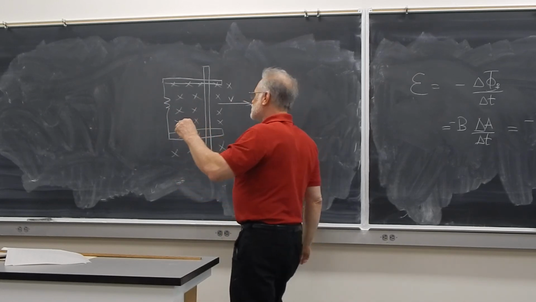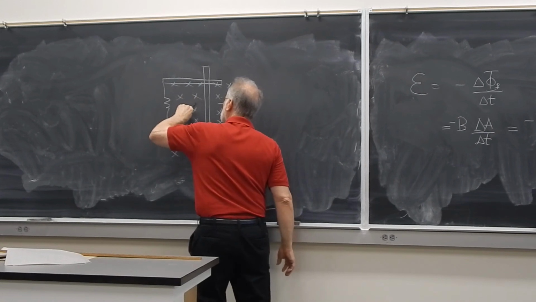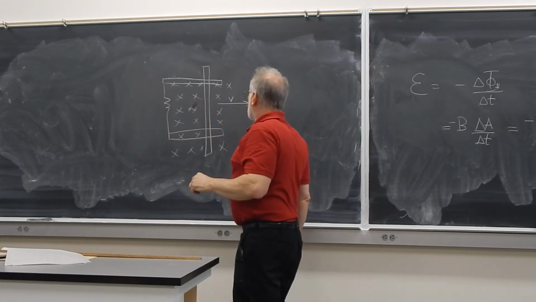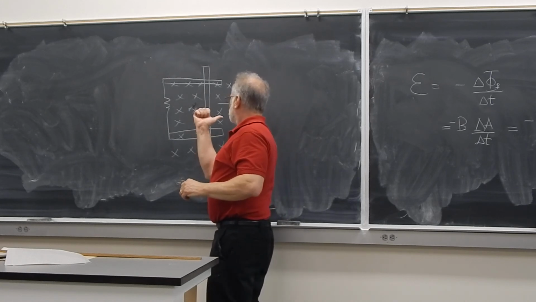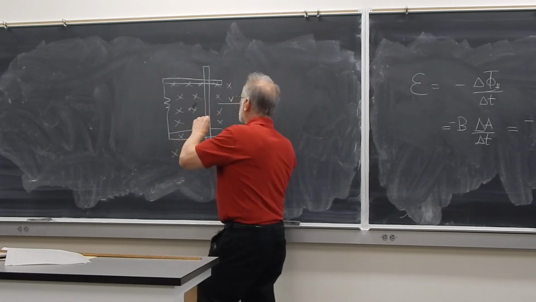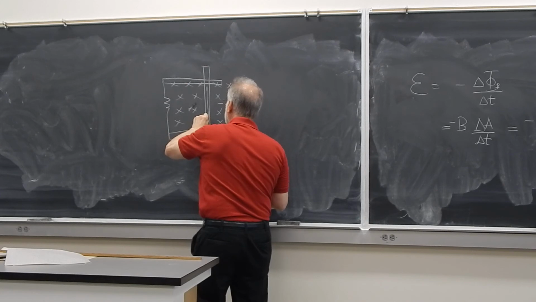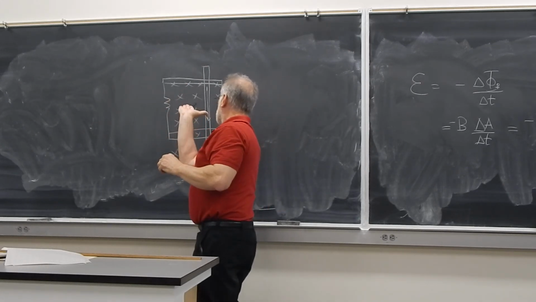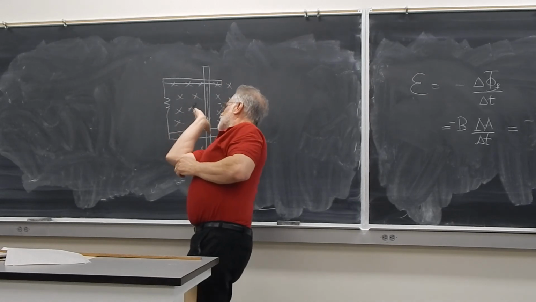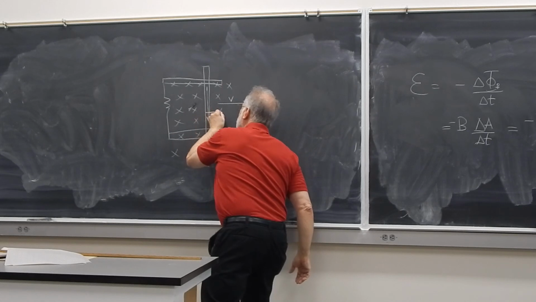So if I induced a field into the board, notice what would happen. I have a field going into the board. I have a current going, let's look at this rail, if it's going clockwise, it would be going downwards. So the field is going into the board, the current is going downwards. The magnetic force on this bar would be in this direction.